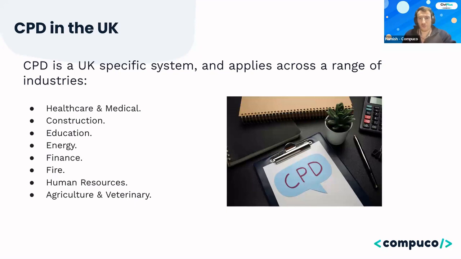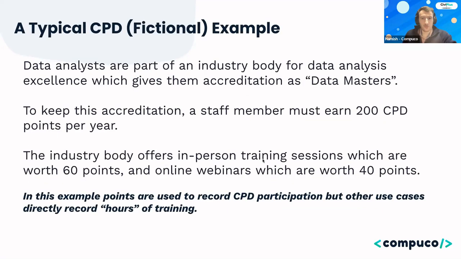And all of that comes from working with a professional body who needs to then administer this CPD and keep track of how many hours, how many points people are gathering, and keep them therefore accredited and up to date. So here's an example, a fictional example. We have a few data analysts here in Compuco, and I'm sure that they would love to be accredited as data masters.